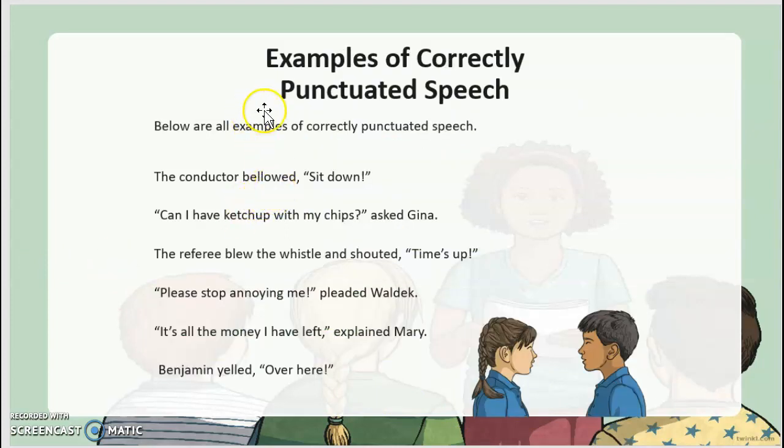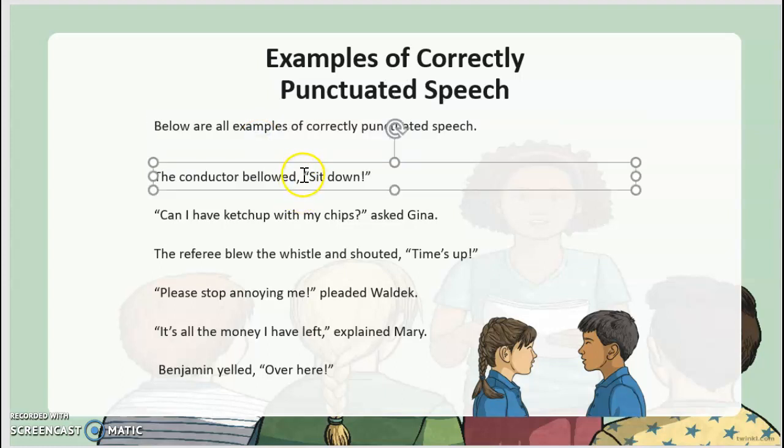Here are some examples of speech that has been correctly punctuated. In this case, the reporting clause is before the speech. The conductor bellowed, we need a comma and then open talking mark, "Sit down!" exclamation mark, close talking mark. We don't need a full stop because the exclamation mark acts as a full stop. "Can I have ketchup with my chips?" asked Gina. The referee blew a whistle and shouted, so the reporting clause is at the start, so we put a comma and the talking always starts with a capital letter, "Time's up!"